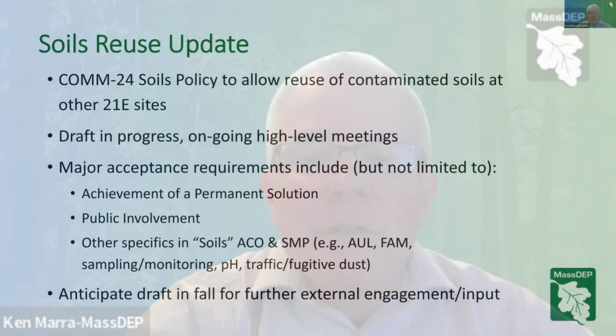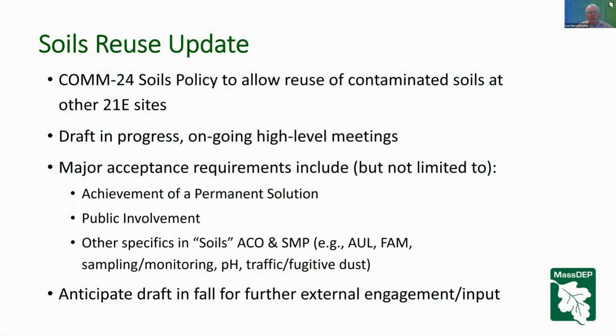The second major element is public involvement. Since we're talking about large scale operations, probably on the order of 500,000 cubic yards, this will require and involve public participation and approvals for this to go forward.